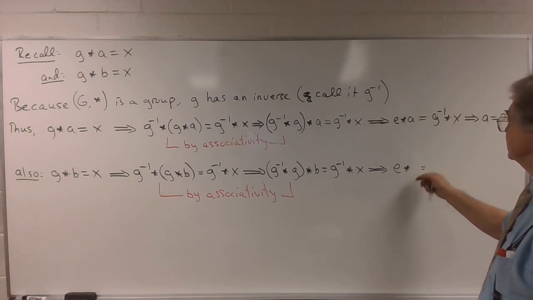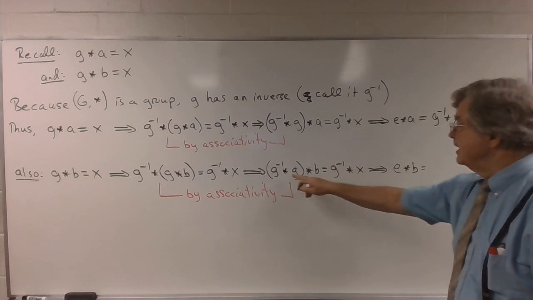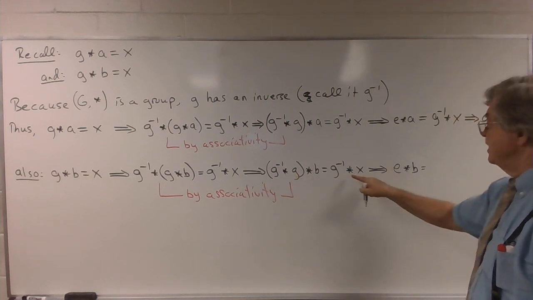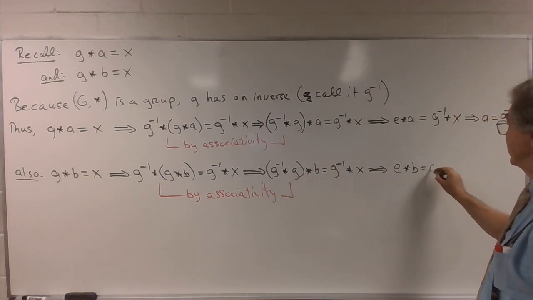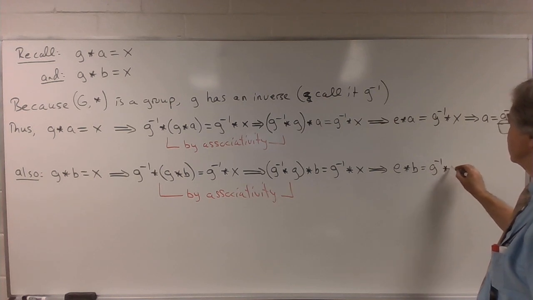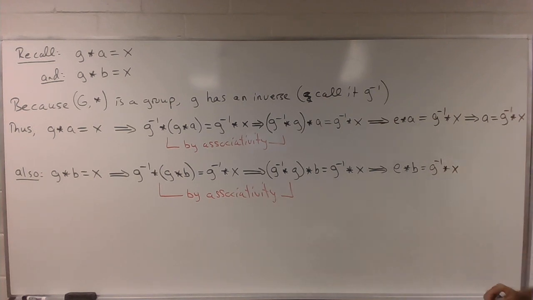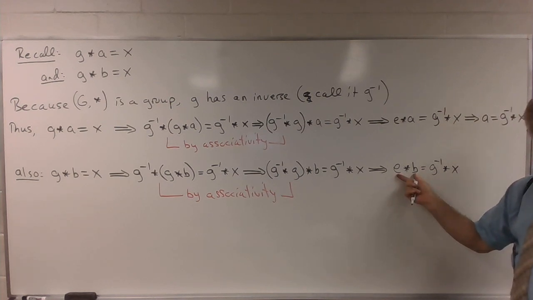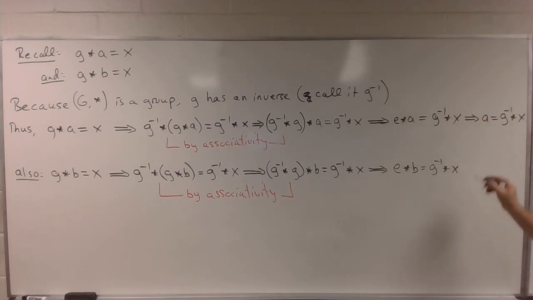Whoops. E star B equals G inverse star X. And what happens when we multiply an element by the identity? We just get that element, right?